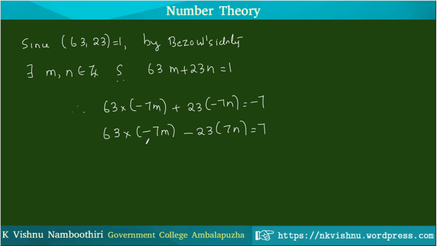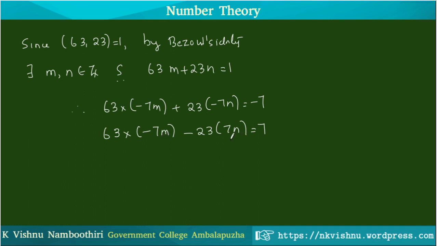What are this m and n? m and n are the Bezout coefficients for 63 and 23. So we have to find m and n first, and once we find m and n using Bezout's identity, as guaranteed by the identity, we will be able to find minus 7m and 7n as the solution.